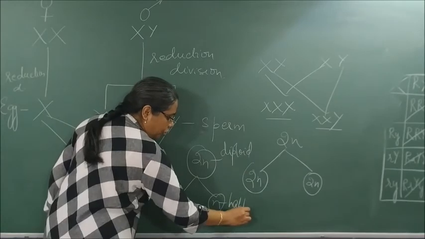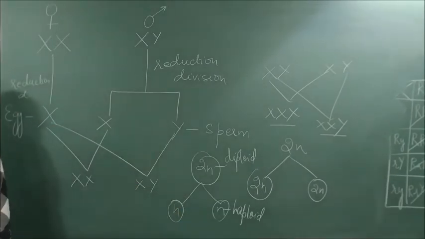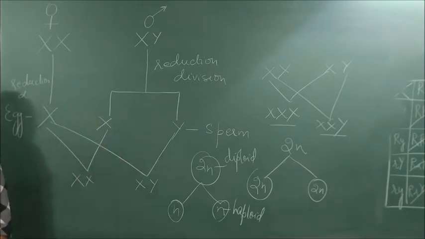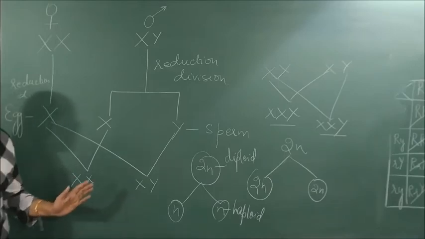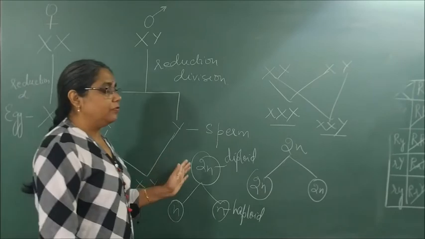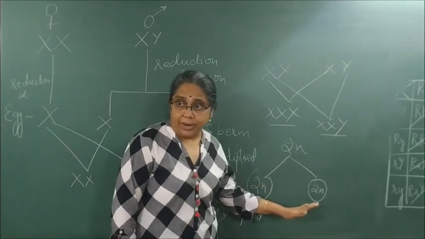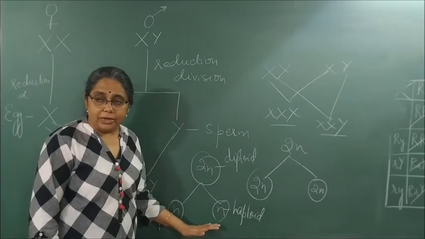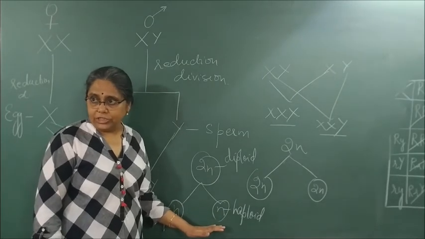Haploid cell. Sex chromosomes are also called allosomes. Those other chromosomes are called what? Autosomes. They are nowhere connected with the sex of the child. Clear? All of the chromosomes which are not connected with the sex of the child show what division? Mitotic division. Only sex chromosomes show what division? Meiotic division or reduction division.